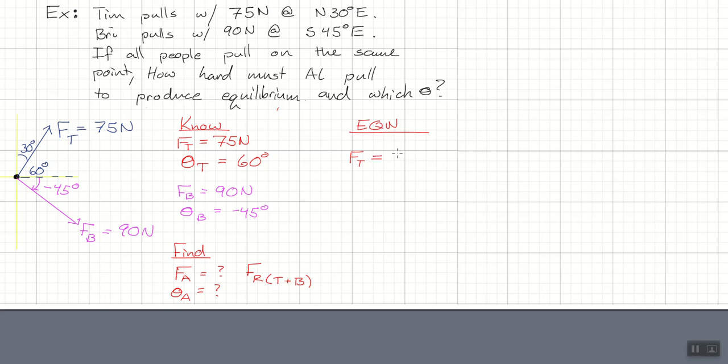Force of Tim, and I like to use this shortcut that we discussed: 75 times the cosine of 60 degrees and the sine of 60 degrees. So let's see, cosine of 60, that's going to be 37.5. That one's an ugly decimal.